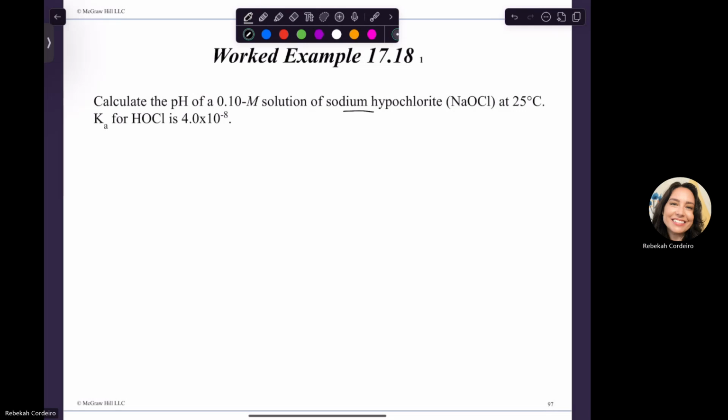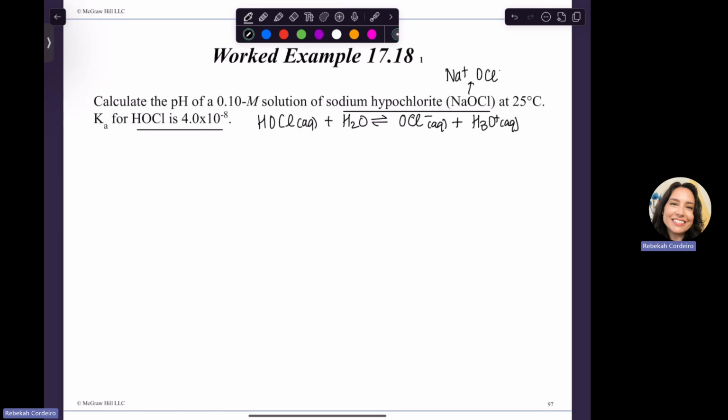So sodium hypochlorite and HOCl. So let's write out HOCl plus water makes OCl minus plus hydronium. Do you see how NaOCl makes sodium and hypochlorite?